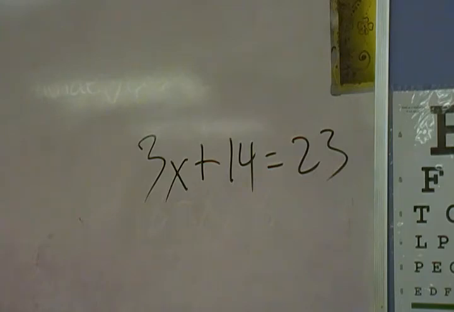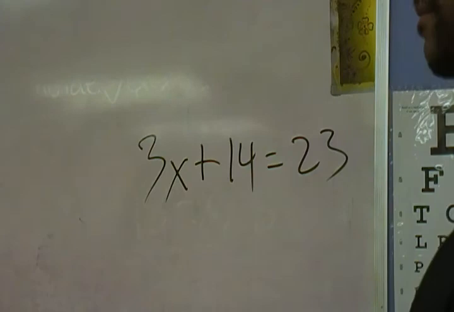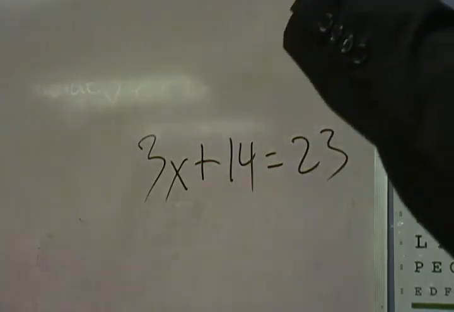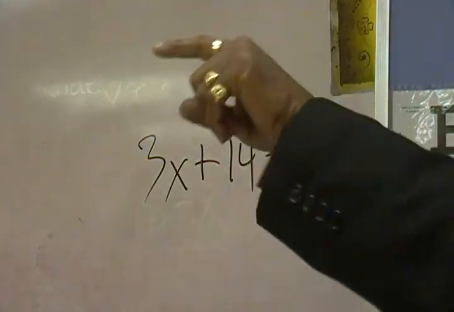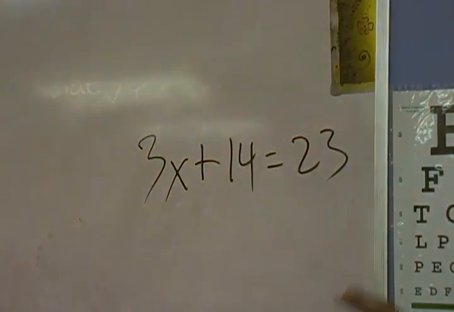You had x plus 2x plus x plus 20 equal 180. So what did you do first? You always have to get x by itself. The first thing you have to get rid of is the 14.